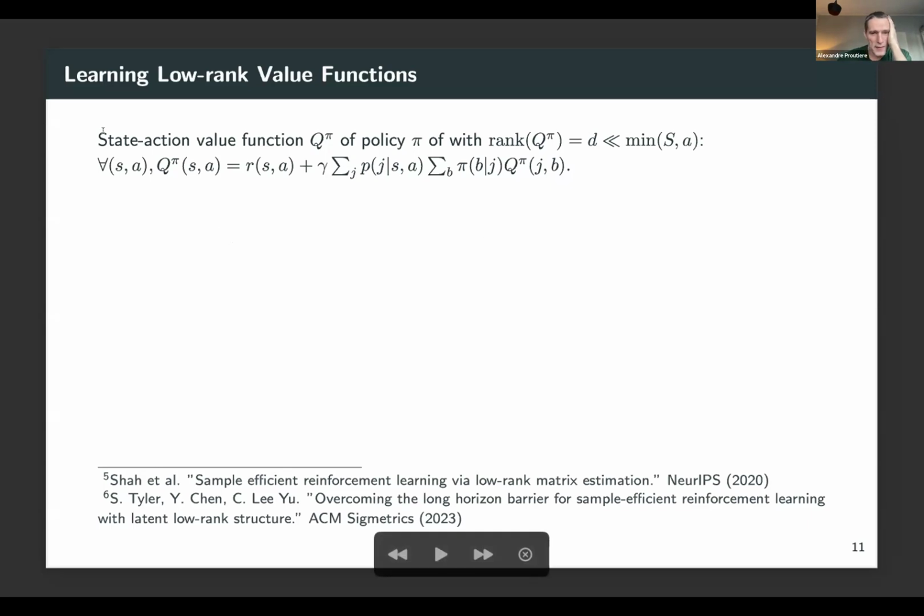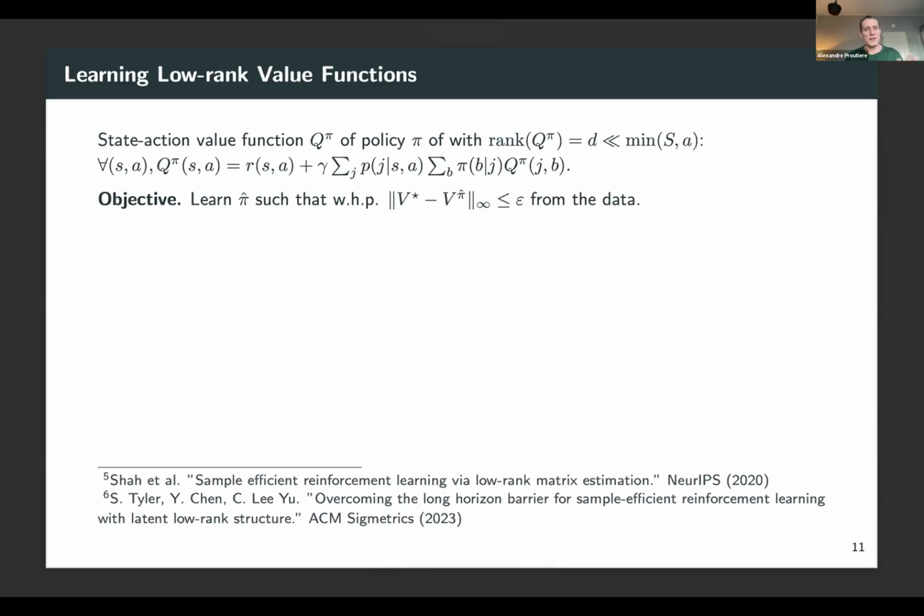So more precisely, I'm defining the state-action value function Q pi of a policy pi, and I will assume that this Q pi, seen as an S times A matrix, is of low rank d, okay? So the objective here is to learn pi hat such that, of course, it's epsilon optimal. And we want to do that from the data.